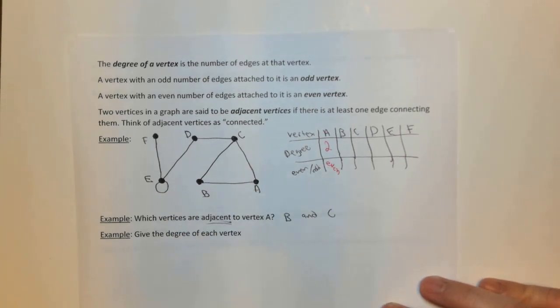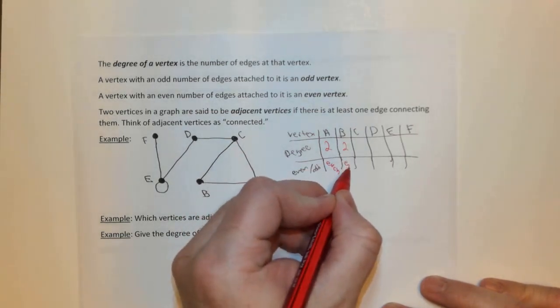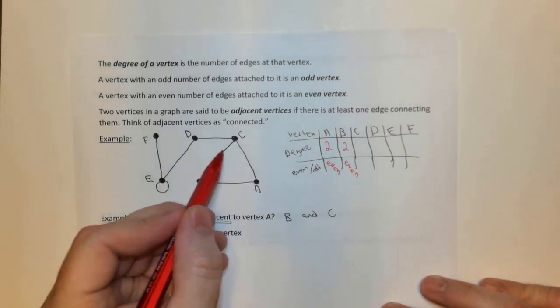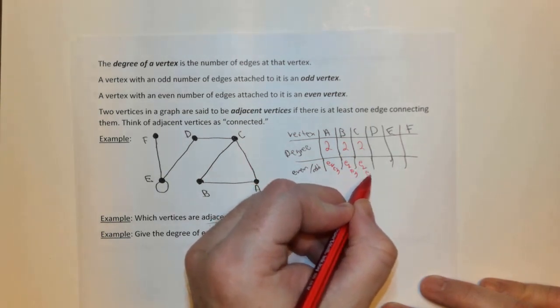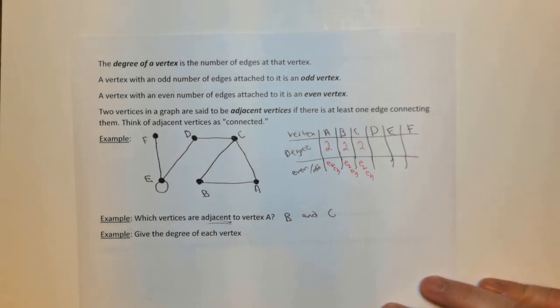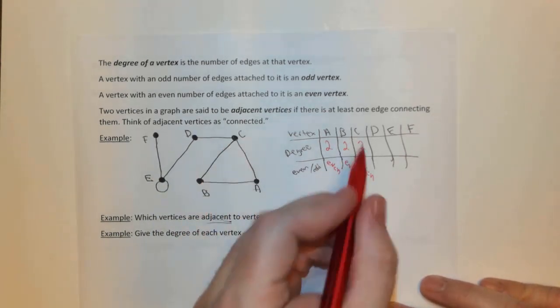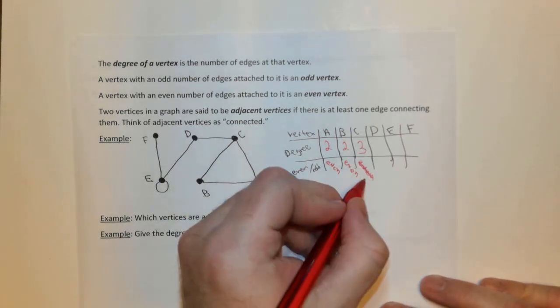Didn't give myself much space here. B is also 2. Of course, that's an even number. C, 1, 2. All right, nothing exciting yet. D is 1, 2. Okay. Oh, C is not 2. C is 3. So that is odd.